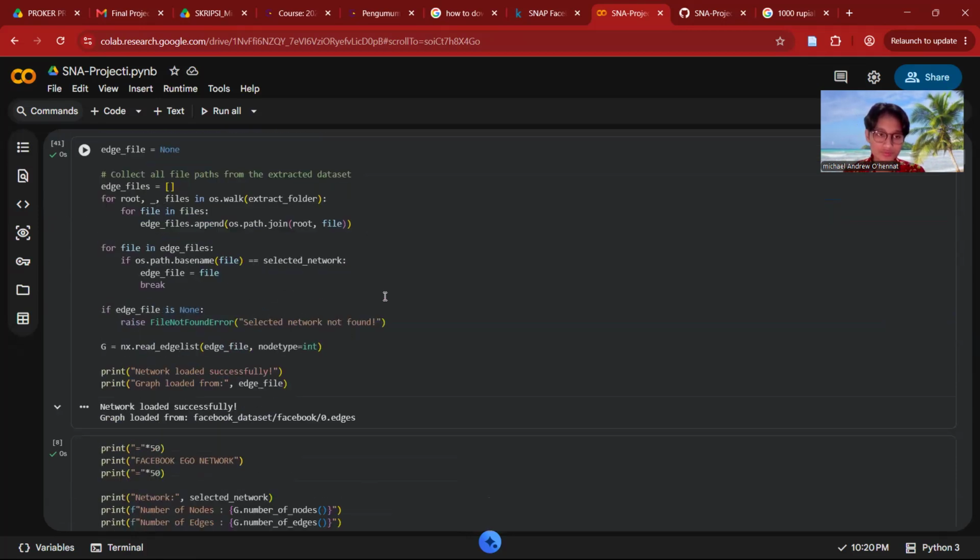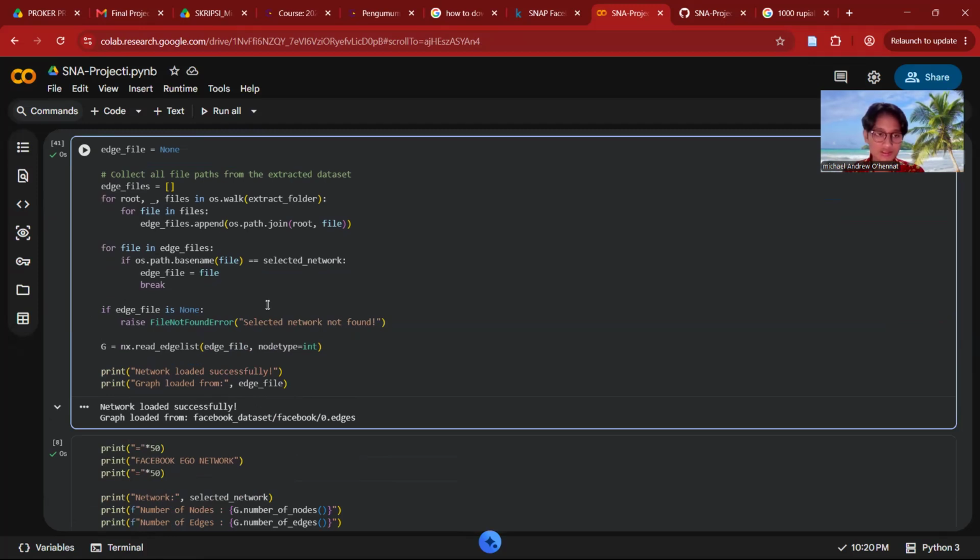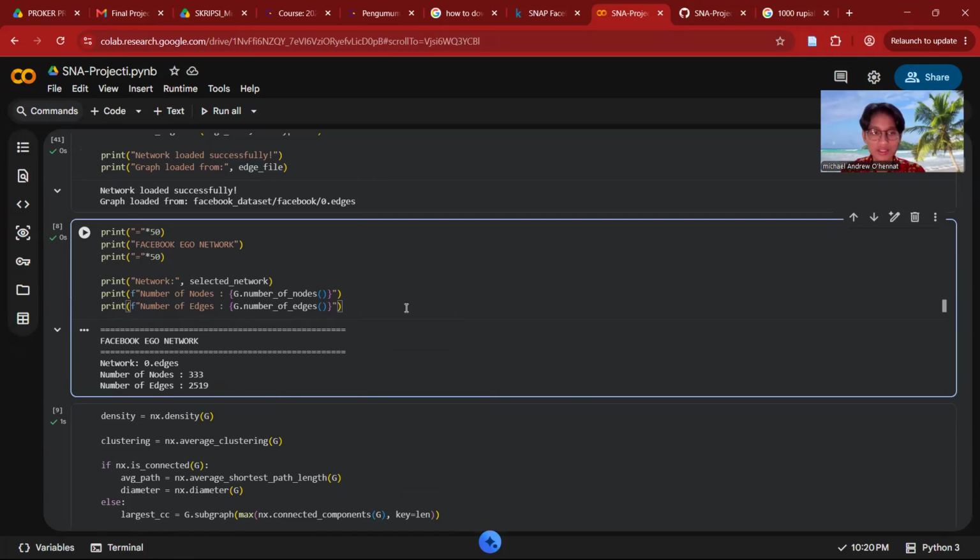Let's continue. This just loads the data. As we can see, Facebook ego network 0H has number of nodes 333, and the edges are 2,519. What does this mean? Like I said before, in this project, I want to research one ego, and that ego is number 0.